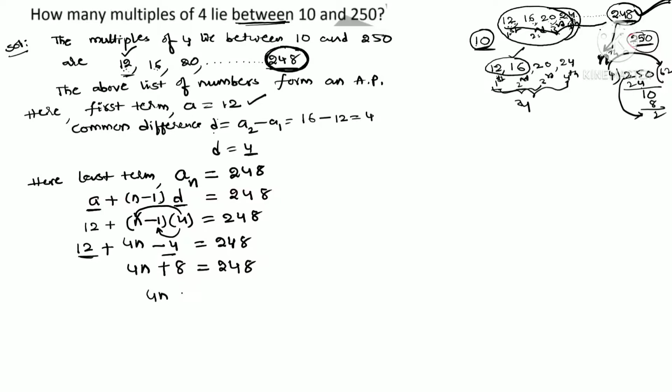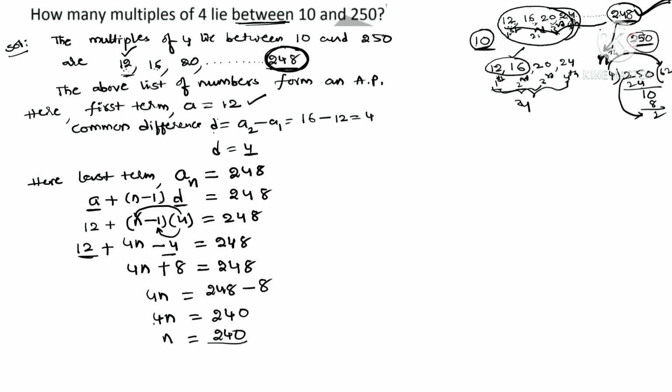So 4n is equal to 248 minus 8. If you transpose, plus 8 will become minus 8. Out of 248, if you subtract 8, what you are going to get? 240. So 4n is equal to 240.